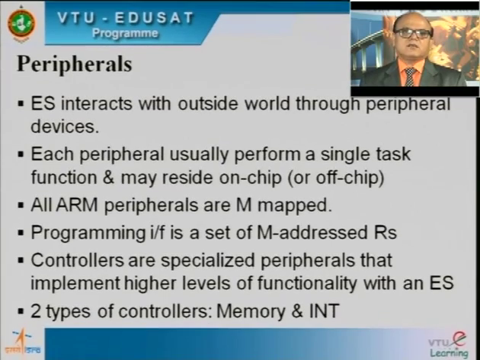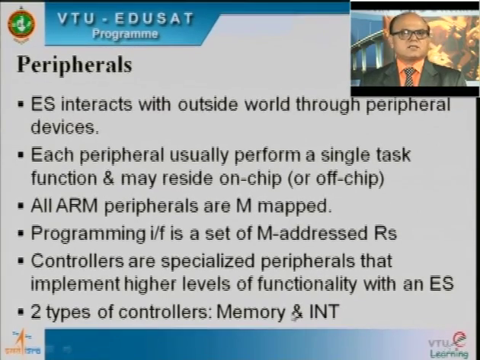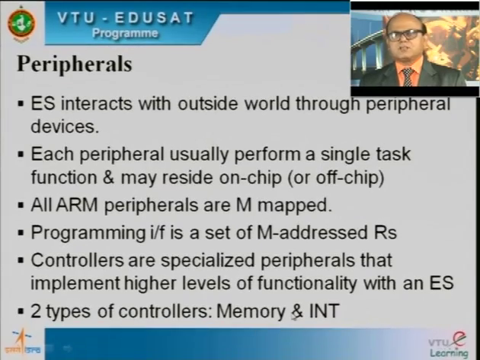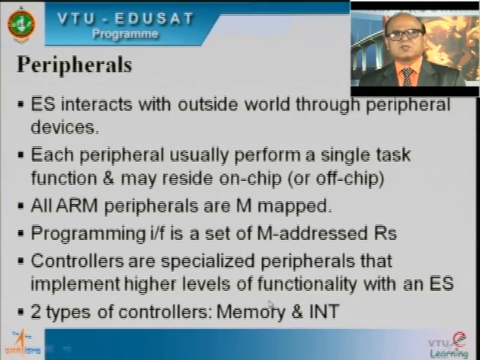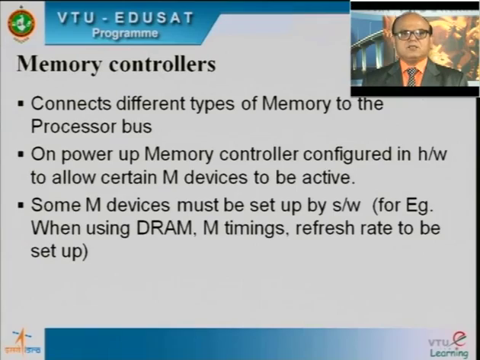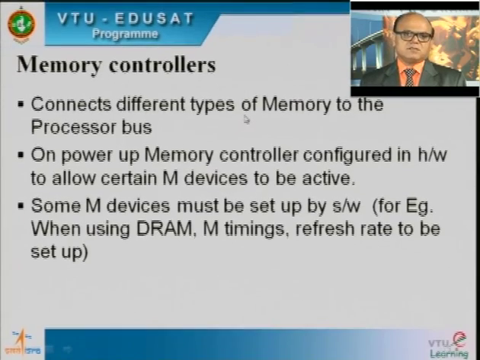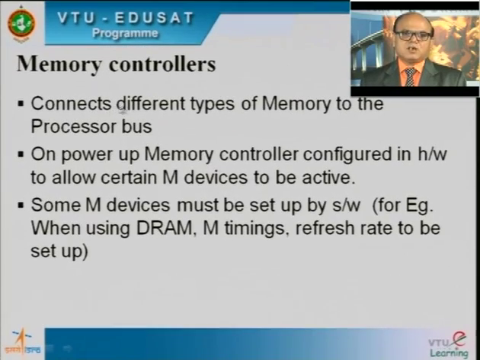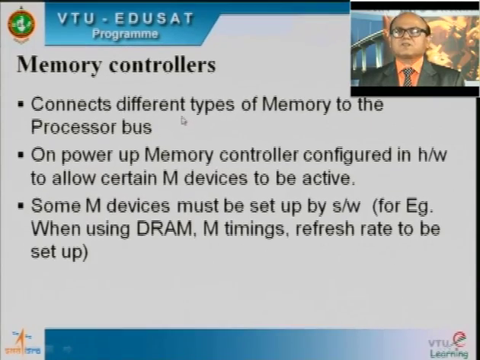For example, for the memory, the address translation, the memory selection and the specific data selection come under the controllers. Coming to the memory controller, it connects the different types of memory to the processor bus. As we said, it connects a ROM, it connects a RAM, and such a memory connection is possible only because a memory controller facilitates the connection of such units to the processor core.